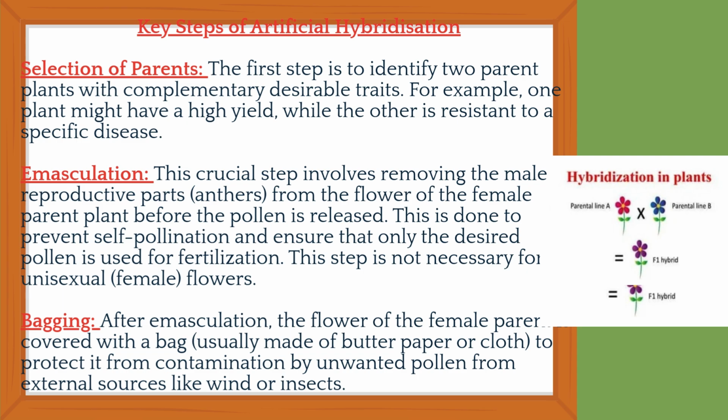The first step is the selection of parents, the desired parent crops. The first step is to identify two parent plants with complementary desirable traits.